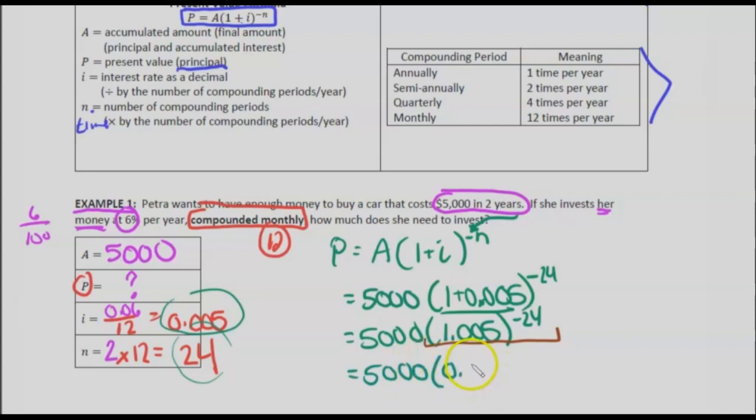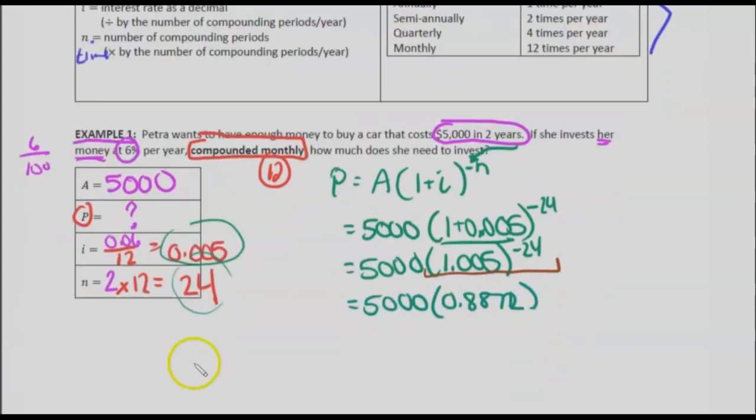Okay, we get 0.887, let's go 2. So leave this number in your calculator. Mine's going to be a little bit longer than that and not rounded. That's fine. And now we just multiply by 5,000. Okay, so I get 4,435.93.